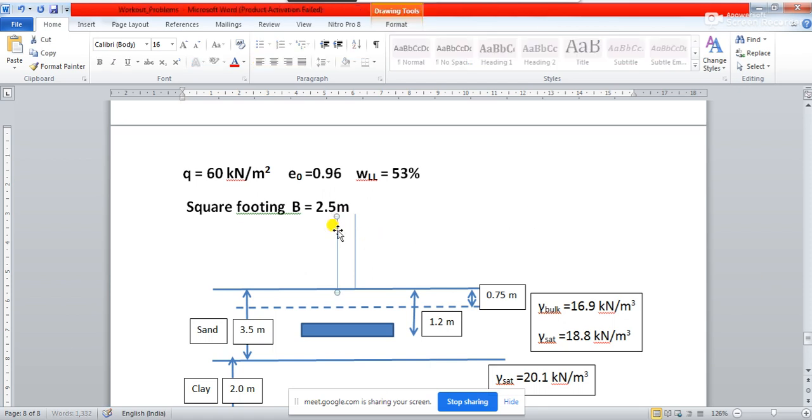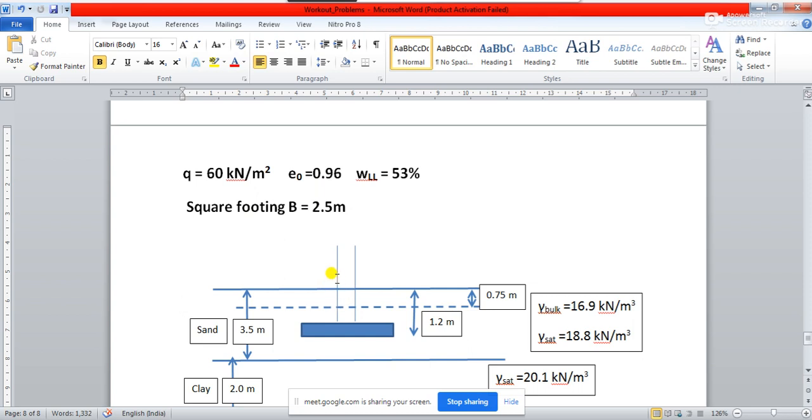What is happening to this? Through this column, load is coming to this footing, right?